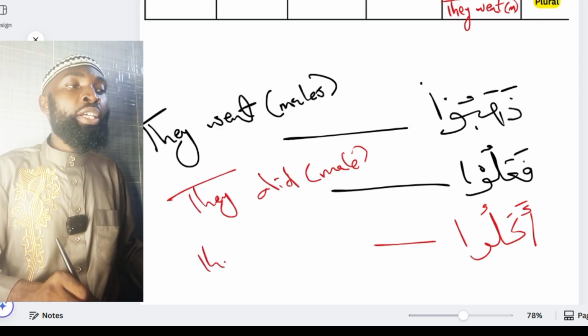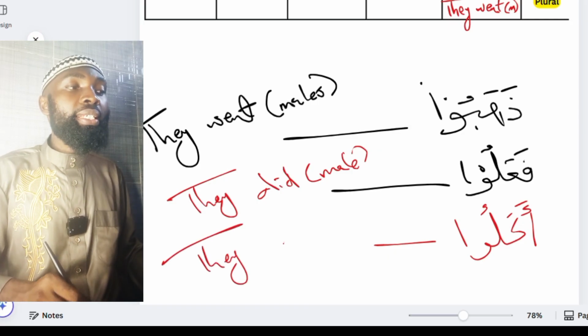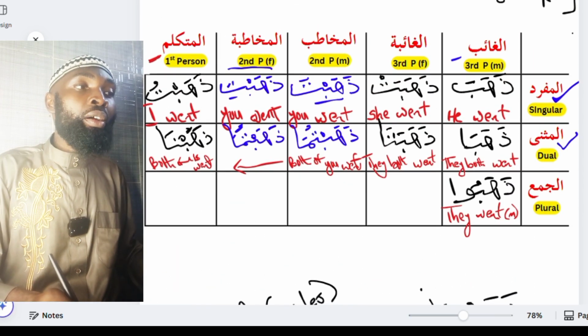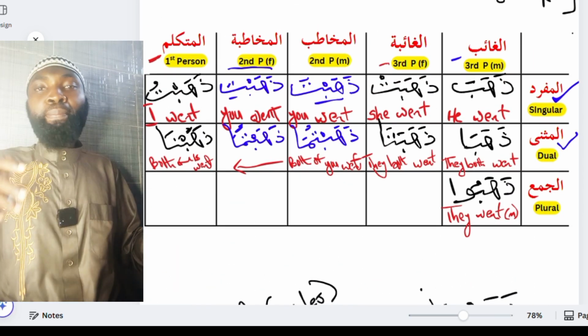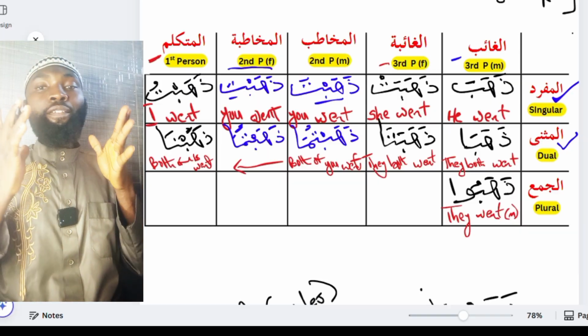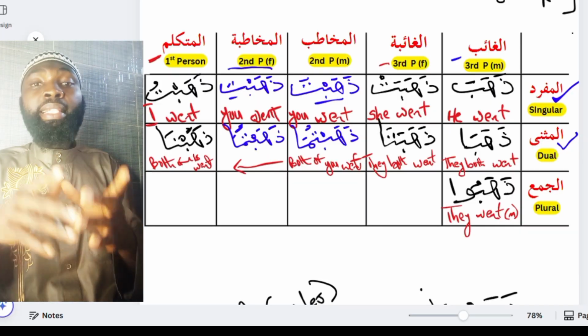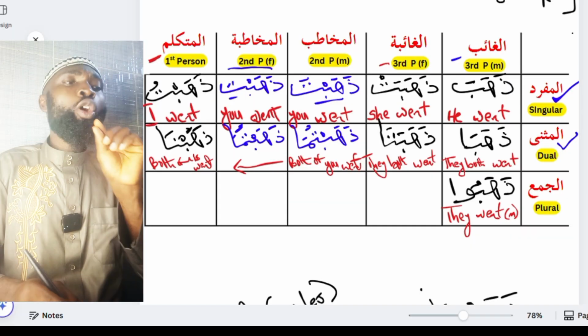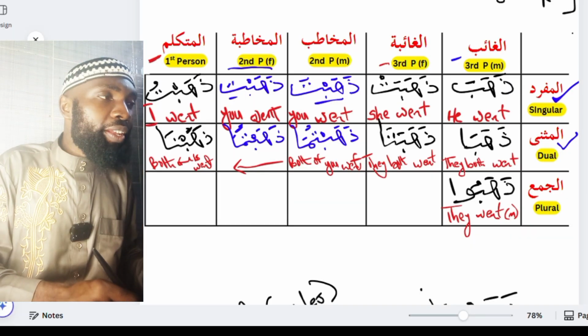So if this is clearly understood, then let's move on to that of females. Now we are on al-ghaiba, the third persons. The persons we are talking about are females. We want to say that they all went. How do we form the verb?